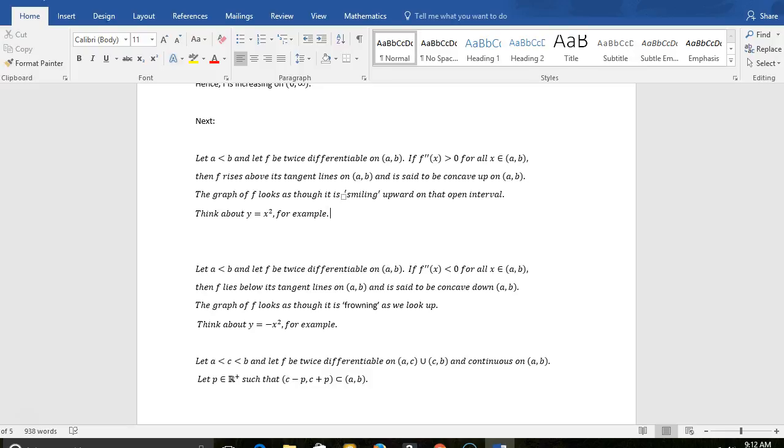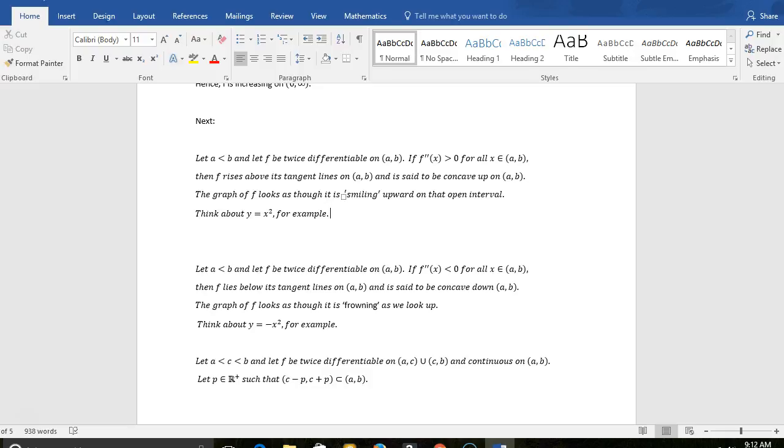At the inflection point itself, let's call it C, let's call C the inflection point, f double prime of C will either equal 0 or it will not exist at all, aka it will be undefined.